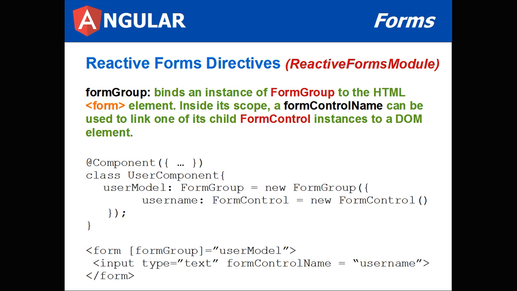Then inside the form, we have an input tag. It's a text field, and we map it to username. The form control name specifies which attribute of the form group we're mapping the text field to.